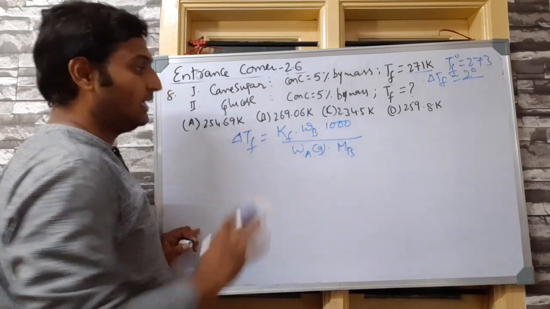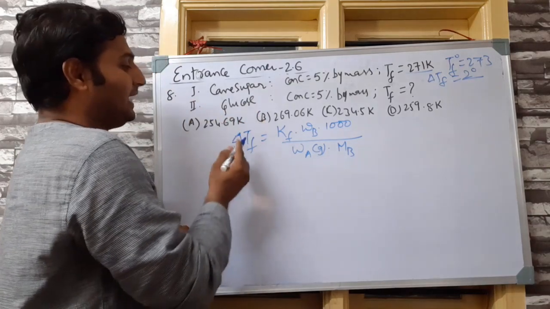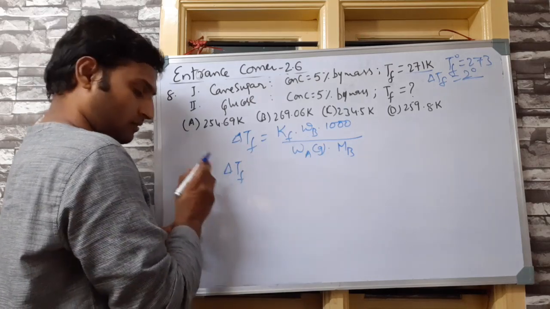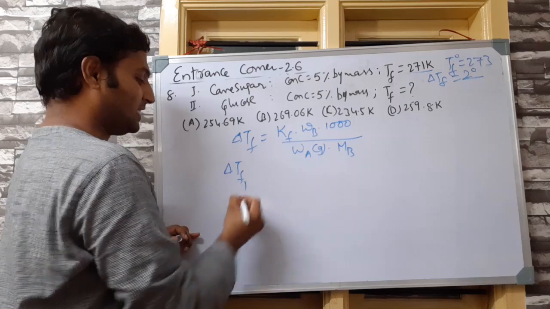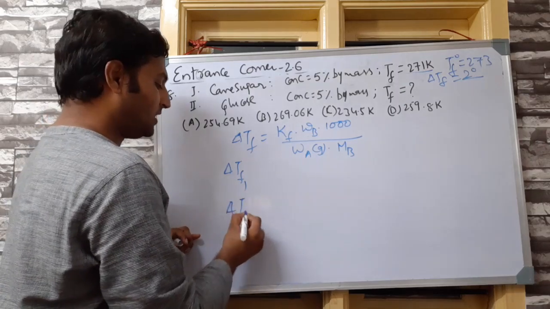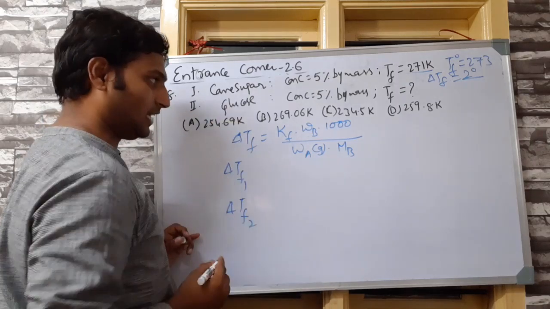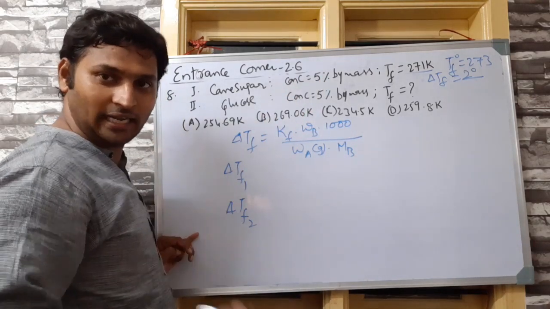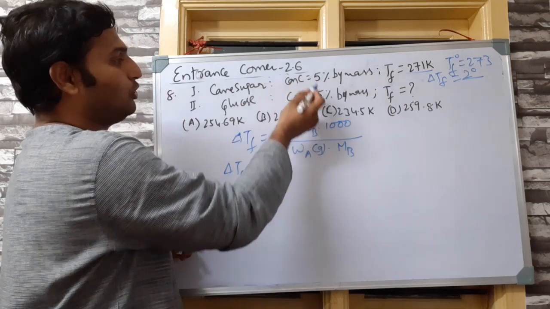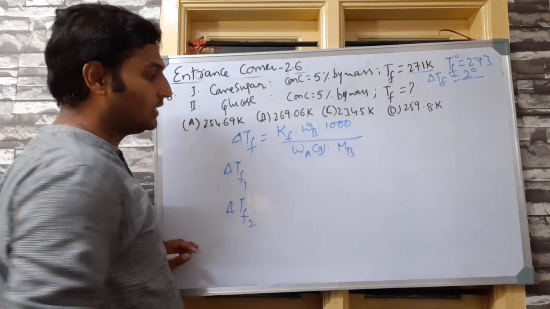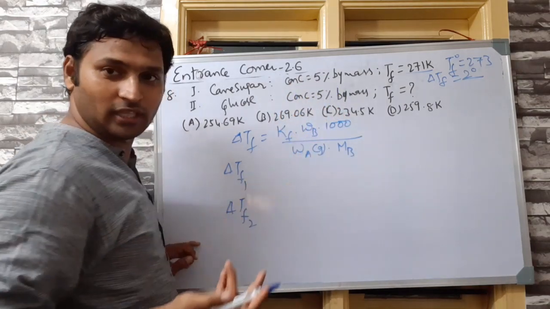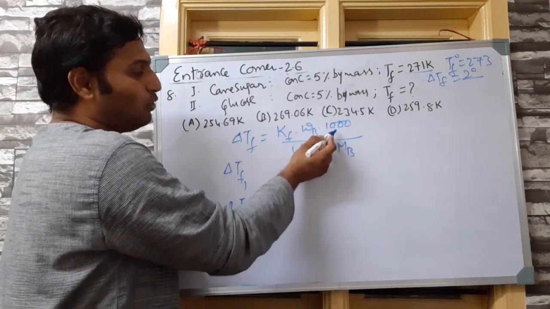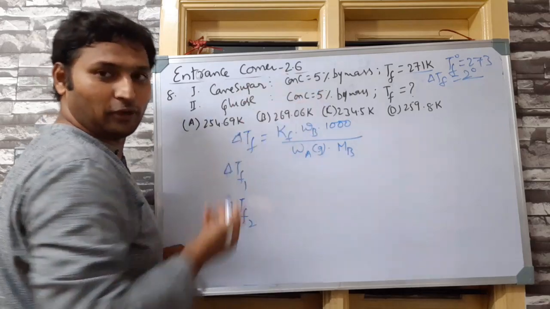Now, if I take depression in freezing point for cane sugar as delta TF1 and for glucose as delta TF2, you see, Kf value will be same because solvent is same. Weight of solute will be same in both cases, 5 grams. Weight of solvent will be same in both cases, 95 grams, 1000 of course.